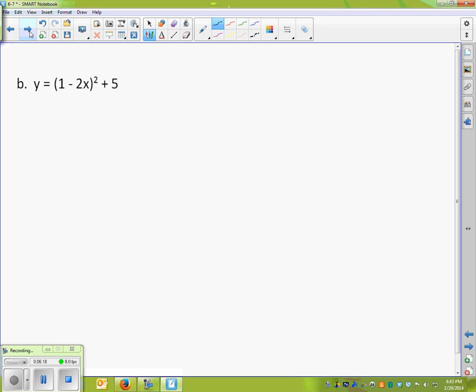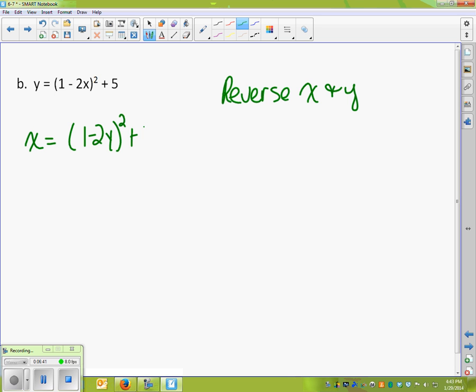Let's do one now that has a square. Step number 1, you want to reverse the x and y. So instead of y equals, I'm going to write x equals (1 minus 2y) squared plus 5.